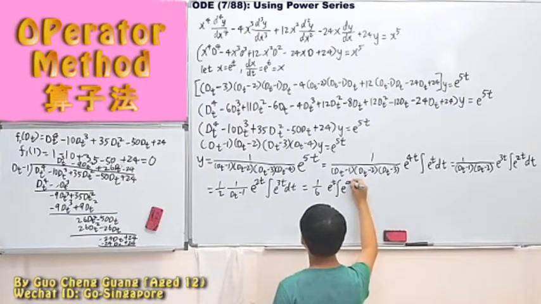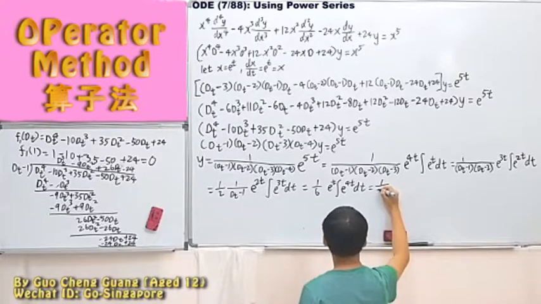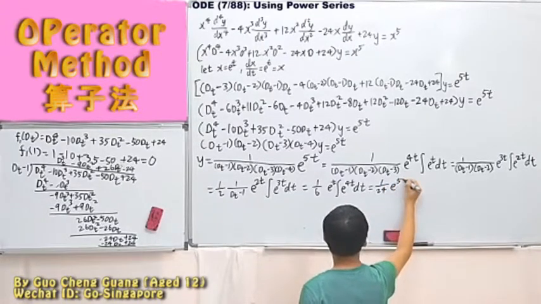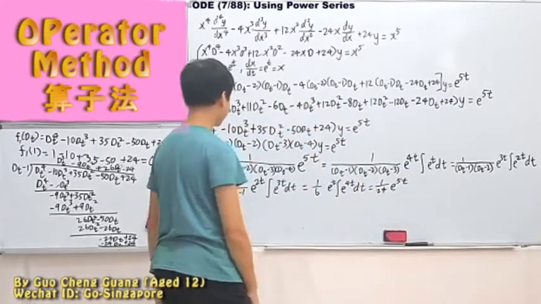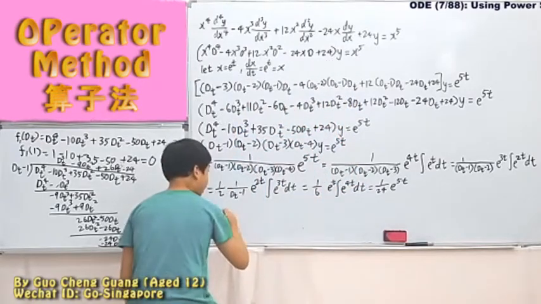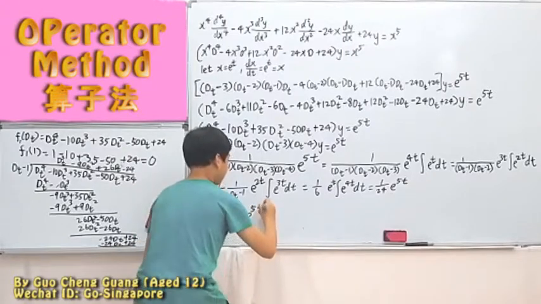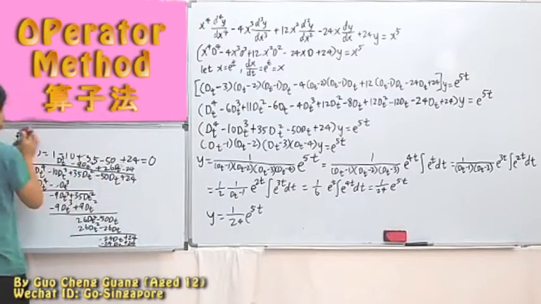Then inside is e to the power of 4t, then dt. So in total you get 1 over 24. Then it is e to the power of 5t. So that's what you'll get here. So this is your final y. Your y is this. But next on, we're going to verify at this part.